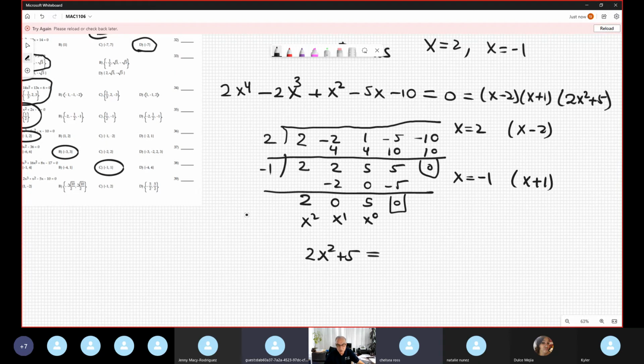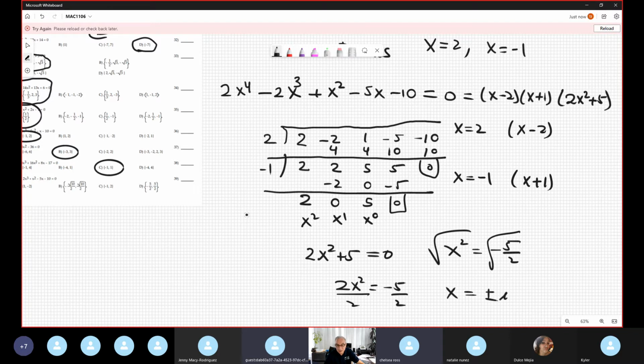So you put it equal to 0 and try to solve this equation. It's an incomplete equation, easy. 2x squared equal negative 5, divided by 2 both sides. x squared is equal to negative 5/2. You apply the square root both sides. Obviously, it is plus or minus i times the square root of 5/2, no?